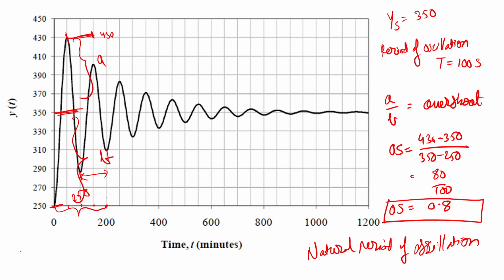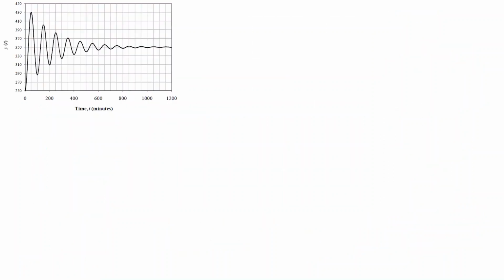So if we write this period of oscillation formula, then it will become T is equal to 2 pi tau upon under root of 1 minus zeta square. Over here, tau is natural period of oscillation. So once we get this damping factor zeta, we can use this period of oscillation formula to get the desired value of natural period of oscillation. So let's take a look in the further solution.